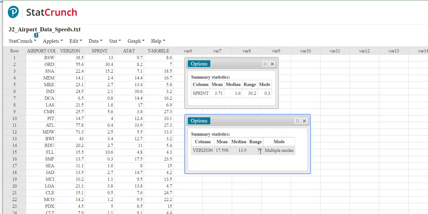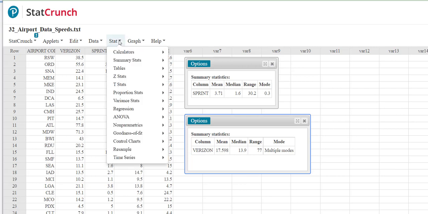So the highest speed that a user of Verizon got was 77.8 megabits per second, whereas for Sprint, someone just got 30.2 megabits per second, and the mode was 0.3 megabits per second, so pretty slow compared to Verizon. So go ahead and on your own practice doing the same thing for AT&T and for T-Mobile.